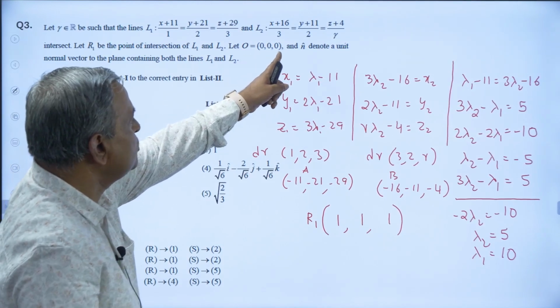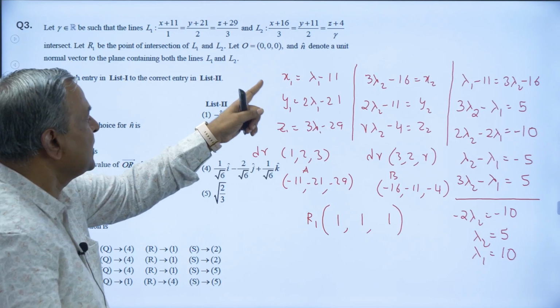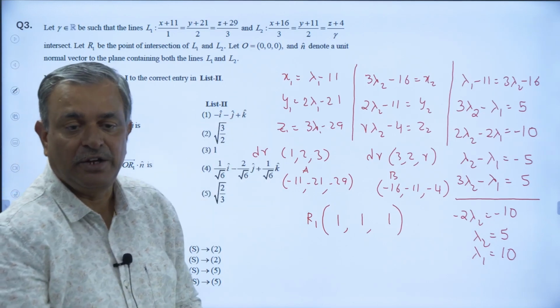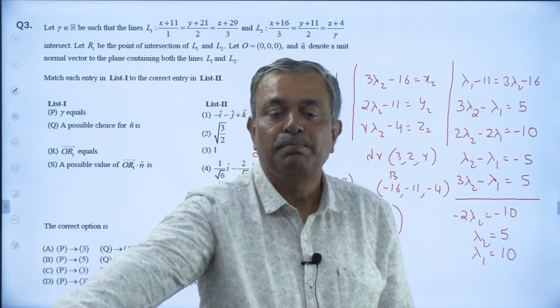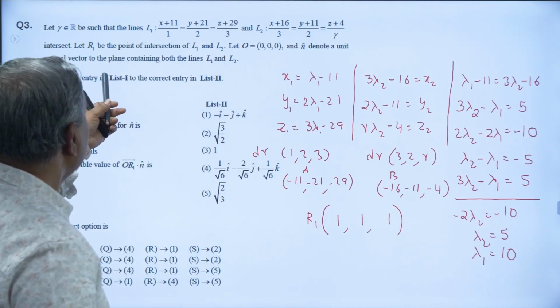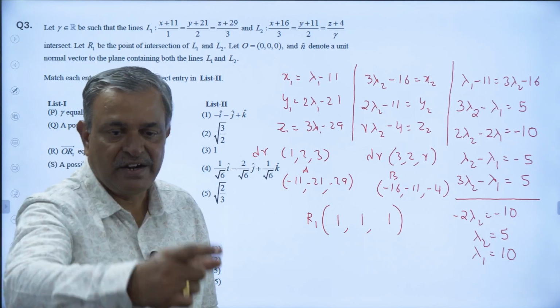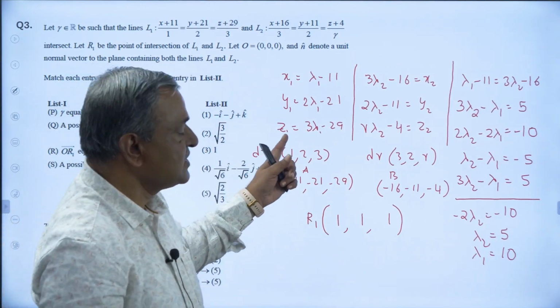Let O be 0, 0, 0 and N a unit vector normal to the plane containing both L1 and L2. Both lines are lying on a plane and you require a unit vector normal to them.